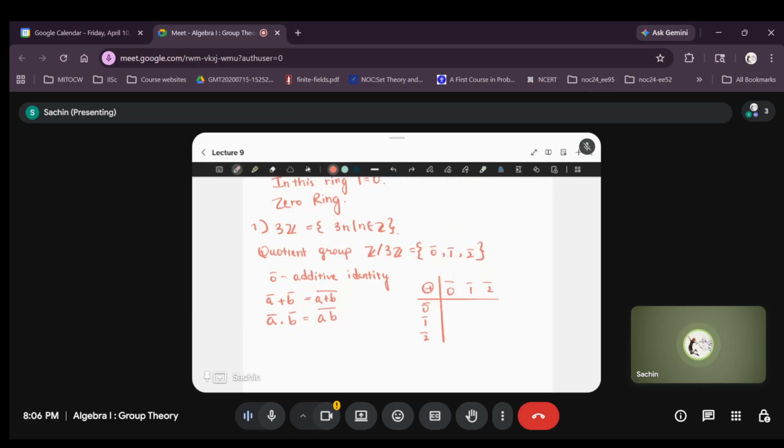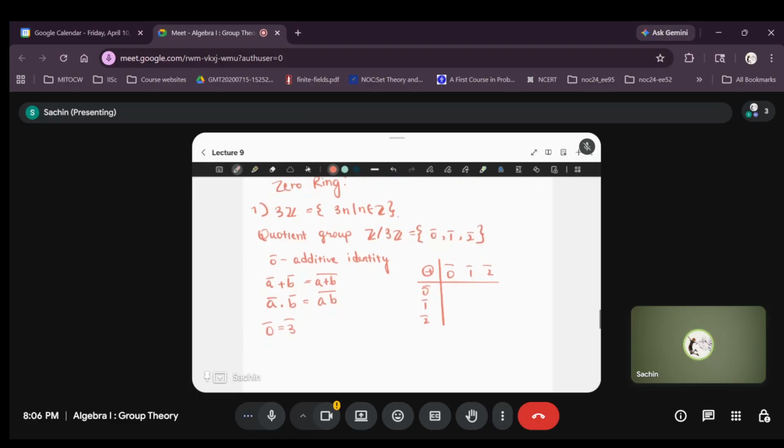So here, at the end of the day, you will have to check whether these are well-defined operations first. That is, here 0 bar is equal to 3 bar, right? And 1 bar is equal to 4 bar. So if you take 0 bar times 1 bar, that is 0 times 1 whole bar, which is 0 bar.